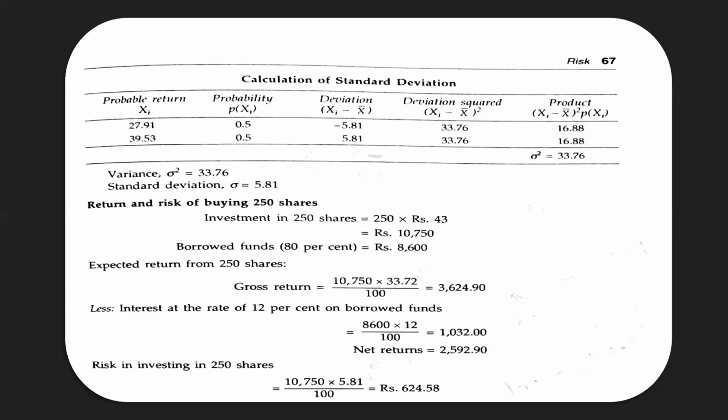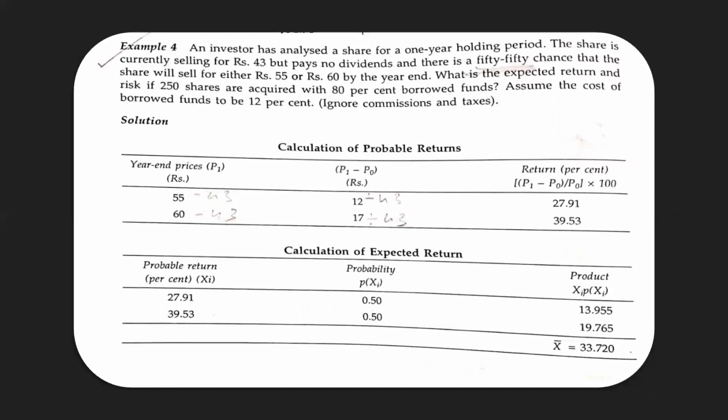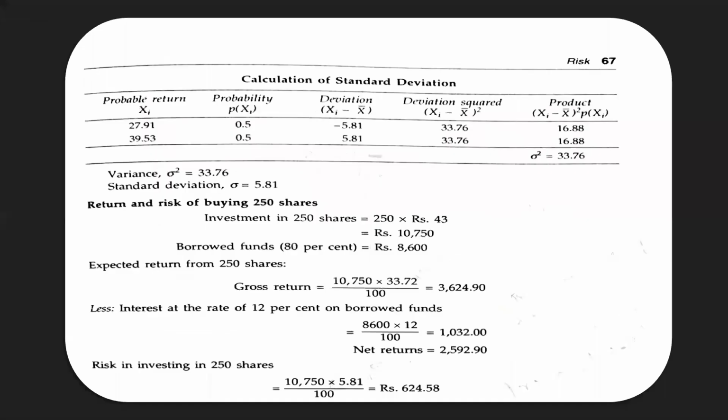Now, we are getting a return of 3,624, but we cannot take all the return for ourselves. We have to pay off the interest for the borrowed funds. We have borrowed 80% of funds, 8,600. In the question, they have given that for the borrowed funds, you have a cost of 12%. That is the interest to be paid for the borrowed funds. So we have to set aside the interest amount and then only take the remaining returns for ourselves.